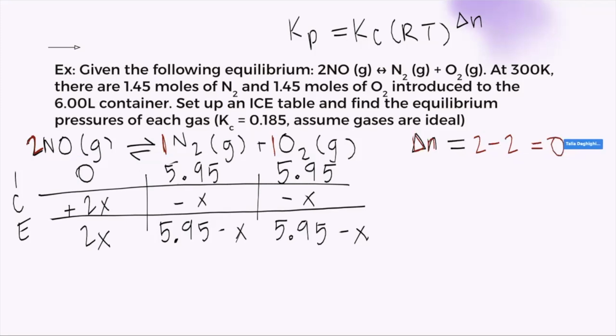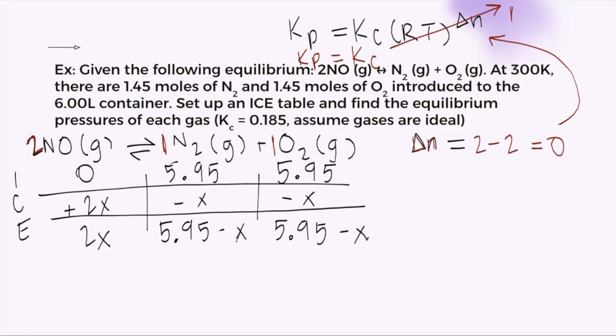And if we go back to the equation, anything to the 0 power equals 1, which means this whole part is going to equal 1. So Kp is going to equal Kc. Now that worked out really nicely, and you're not always going to have that in your problems if you need to convert between Kp and Kc. It just so happened that that's the case here.